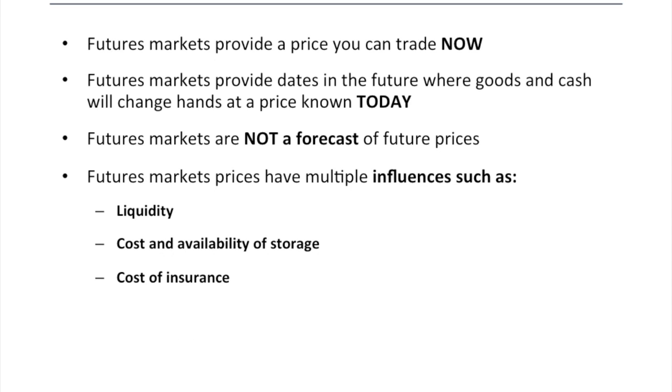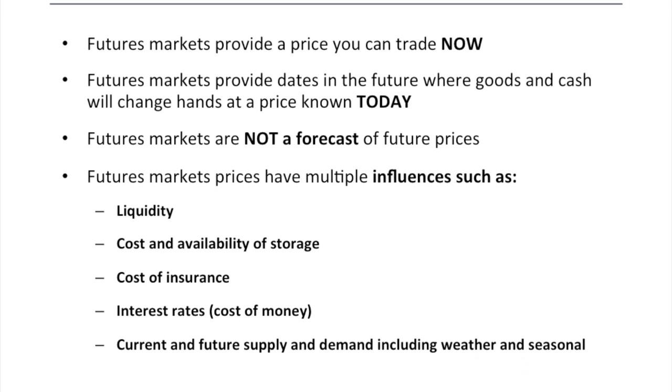The cost of insurance impacts how I can hold physical product and how long. And interest rates or the cost of money affect how long I can wait before I receive some return on my physical product that I will eventually sell.